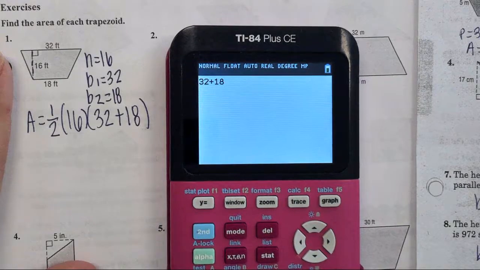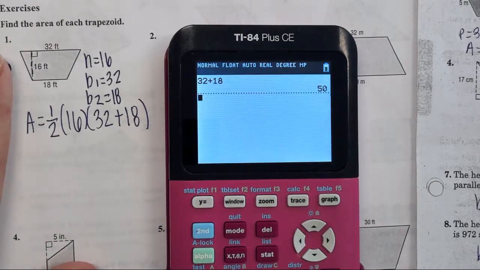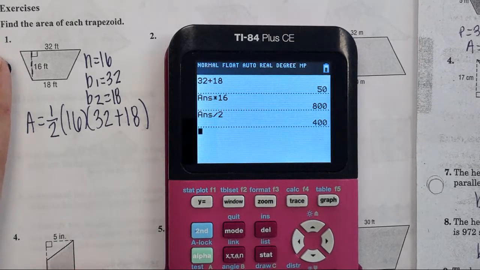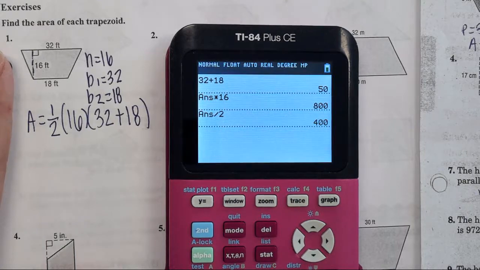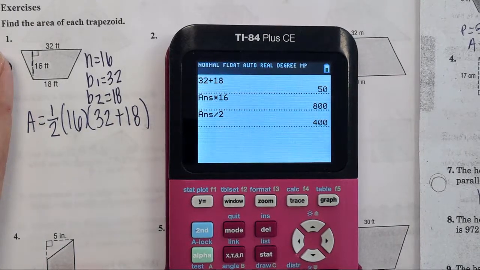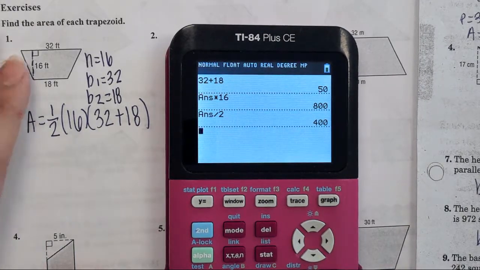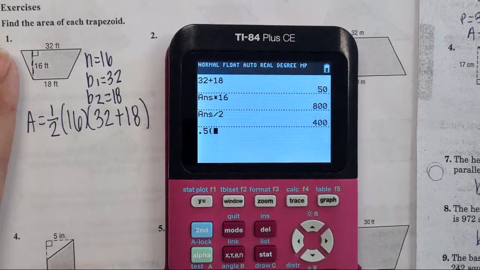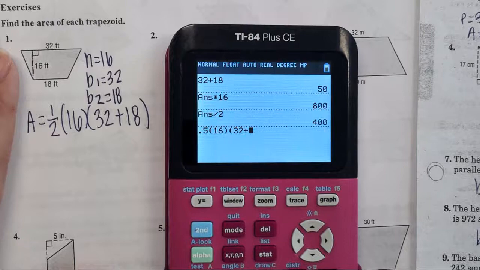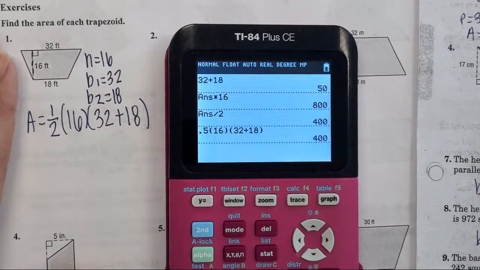So 32 plus 18 is 50 times 16 divided by 2. However you want to do that. I don't care what order. If you want to do 1/2 times 16, if you want to do 0.5 times 16 times parenthesis 32 plus 18, you should get the same thing. Okay?